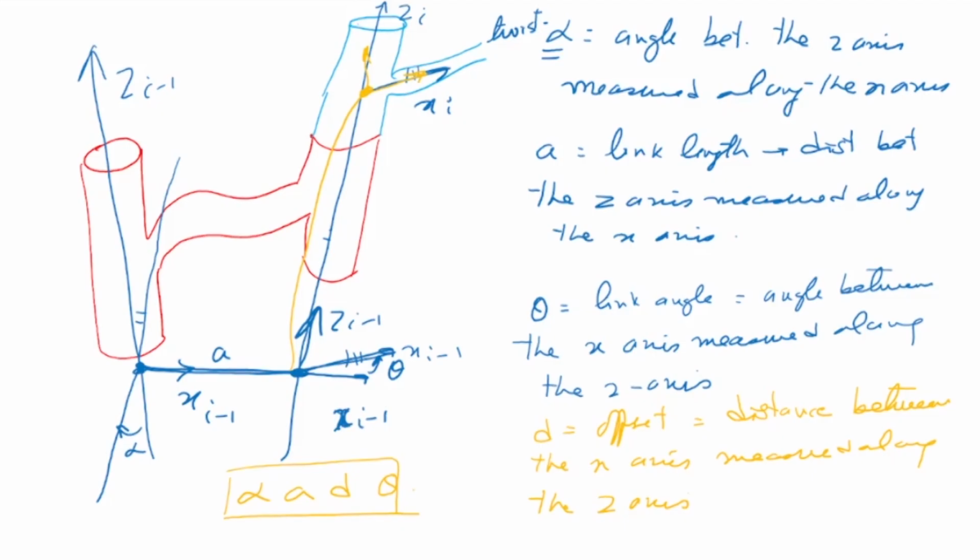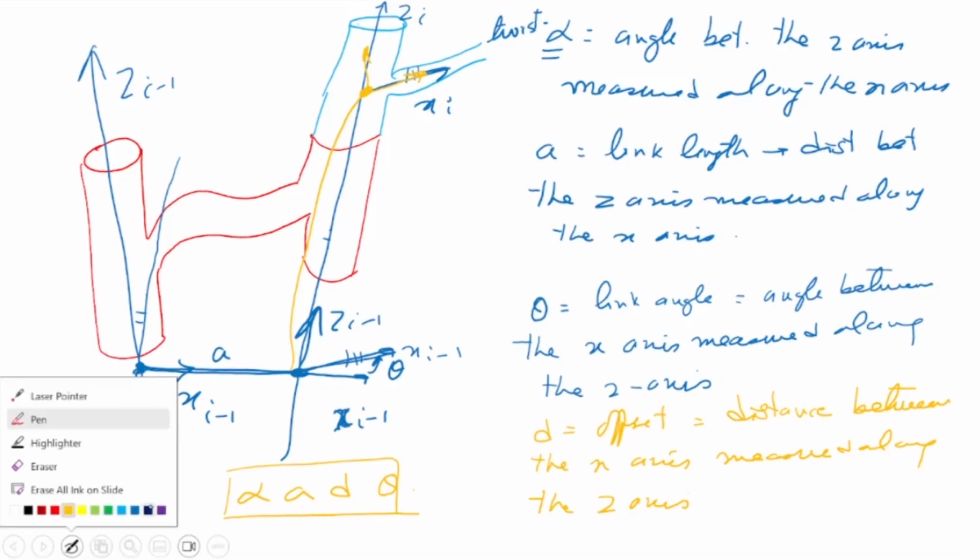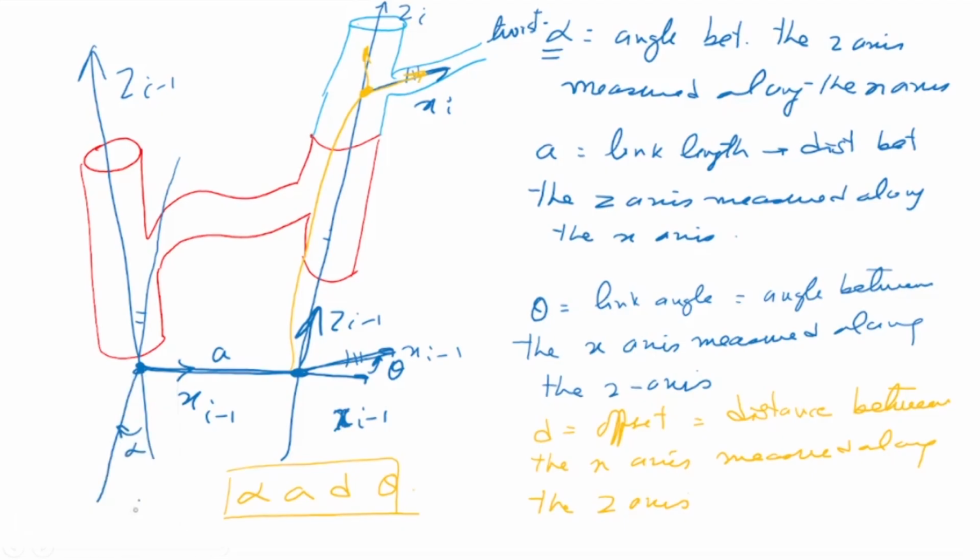Okay, let's proceed and see how we use this and what is the use of this. So let us look at a very simple manipulator system. This is one axis, this is the second axis, and that's my third one.